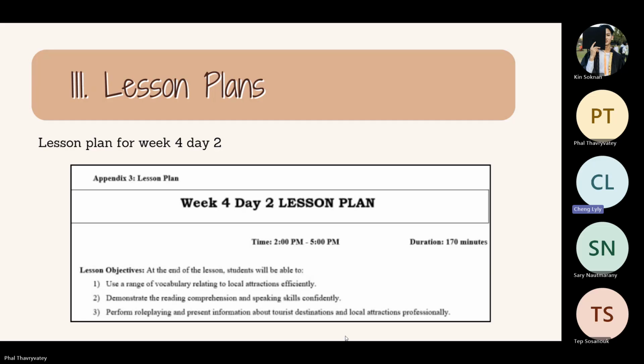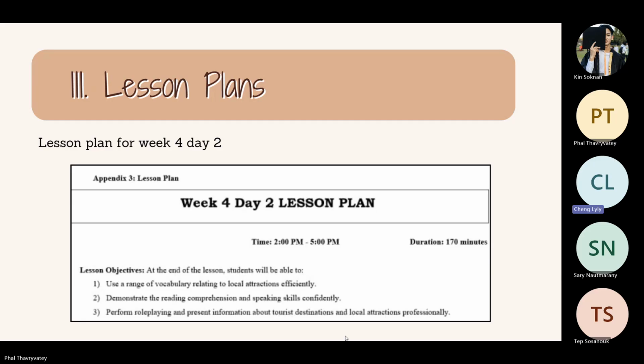For the lesson plan here, the first one is the lesson plan for week 4, day 2, and the next one is about the third day of week 4. And in the second day of week 4, our lesson objective is that at the end of the lesson, students will be able to work with vocabulary related to local attractions, especially that they will be able to use a lot of word choices.